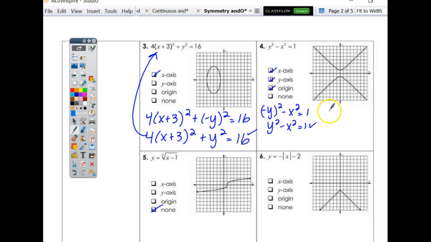If I change the x, so that one checks. And if I change both of them, I still get y squared minus x squared equals 1. And that checks.